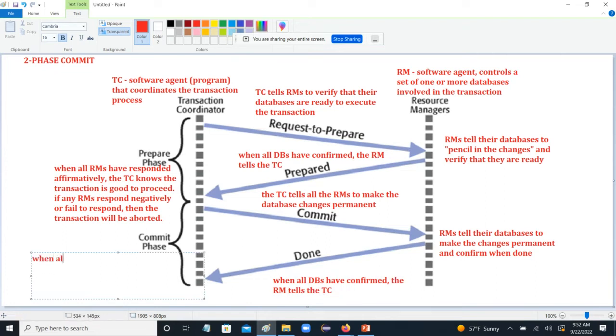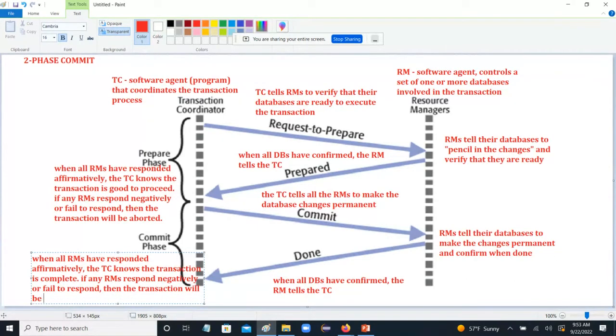So once again, when all resource managers have responded affirmatively, the TC knows the transaction is complete. Okay? Again, if any RMs respond negatively or fail to respond, then the transaction will be undone via rollback records.